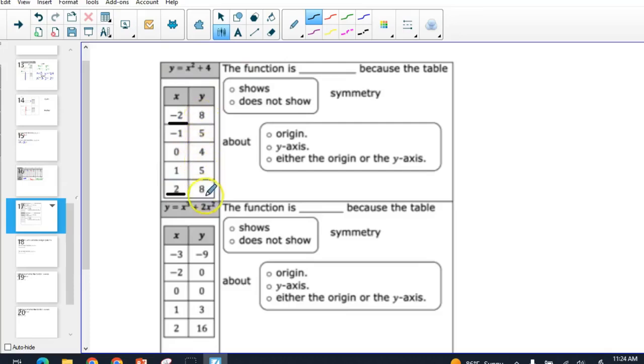The y values are the same, so we know this is going to be an even function. Okay. And since it's an even function, it has symmetry across the y-axis. So it shows symmetry about the y-axis.